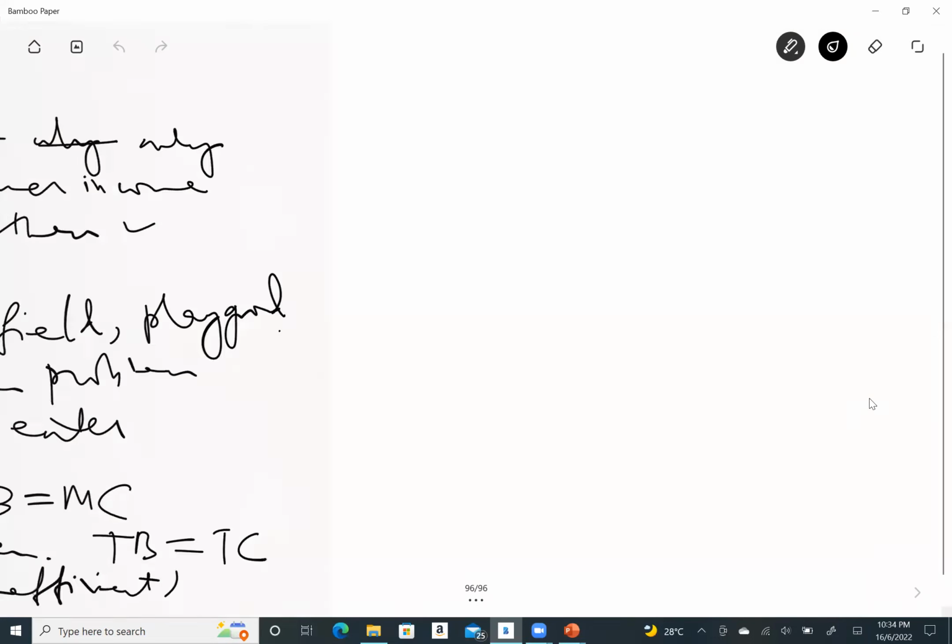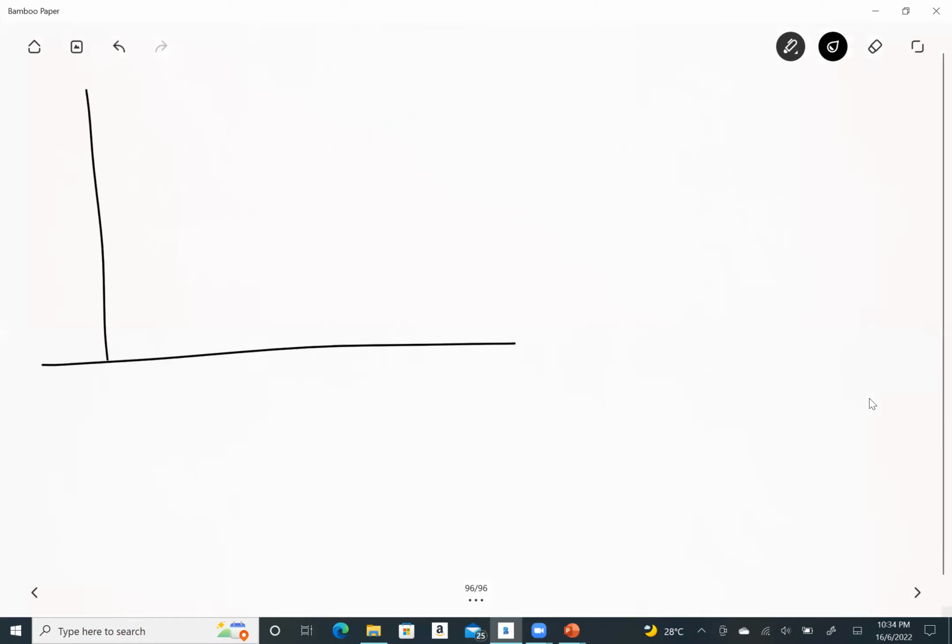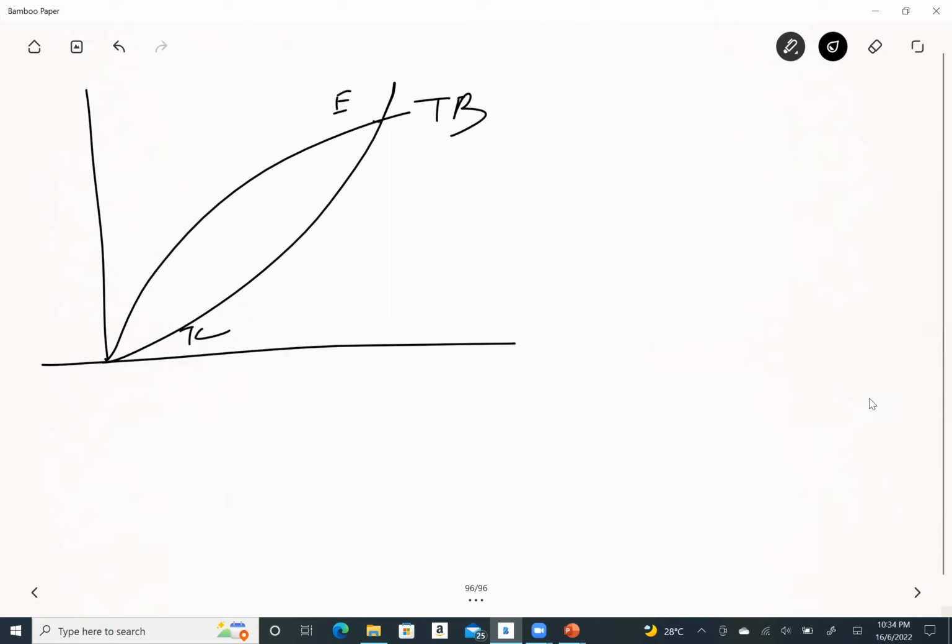So if you remember the diagram, it will be like this. This is the total benefit. That's total cost. What they do, this is the bureaucracy equilibrium. They will choose QB. And that is the total cost, total benefit. So total cost will be higher. And the efficient one will be what? Yeah, marginal benefit equal to the marginal cost.